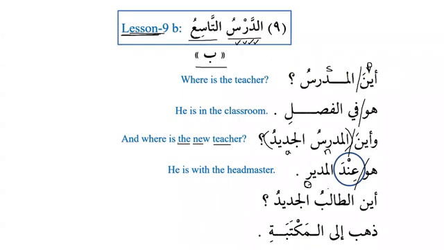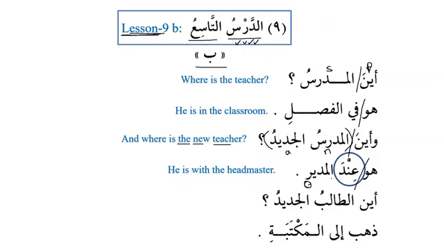Now please remember that jar majroor and similarly dharf mudaf ilayh, they have the same rule. For example, jar majroor cannot be subject, it will always be predicate. Similarly, dharf mudaf ilayh, for example, عند المدير, it will always be predicate, it cannot be subject.